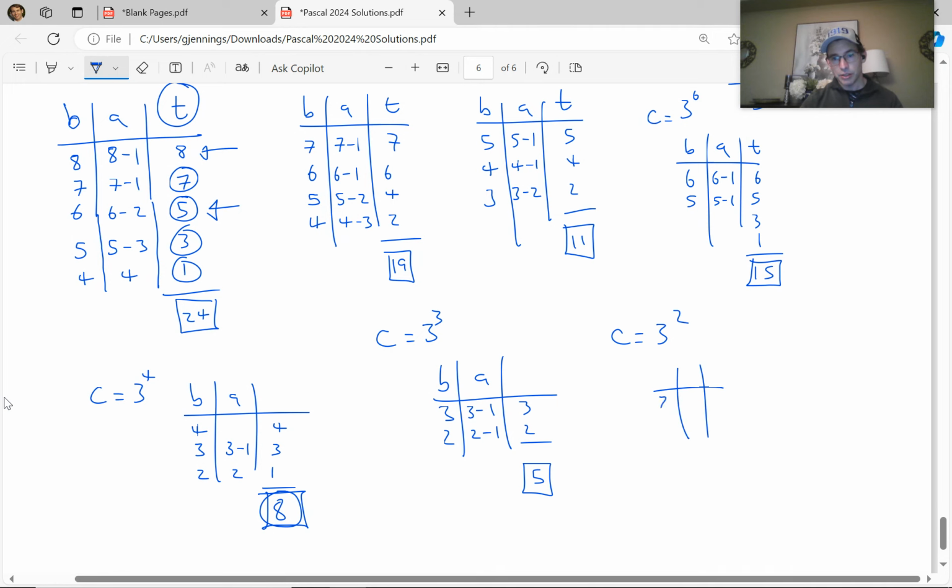B could be 2. A could be 2 to 1. There's 2 ways. If B is 1, A is 1, and there's only 1 way, so that's 3. And if C is the smallest one, 3 to the 1, then it always works, but B has to be 1, and A has to be 1. And there's only 1 way, so 1.